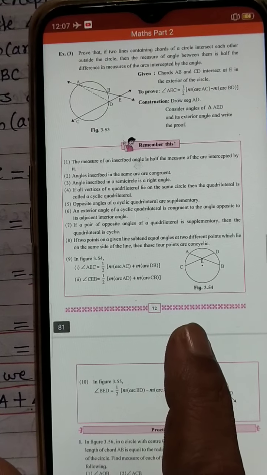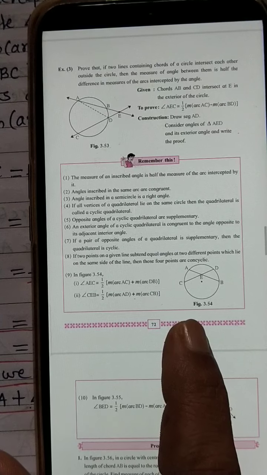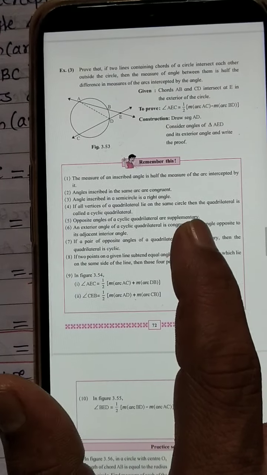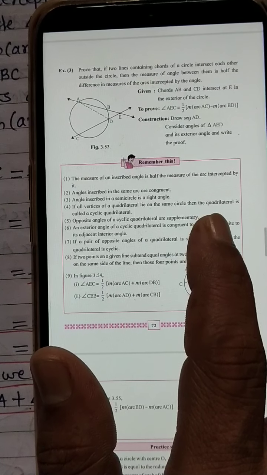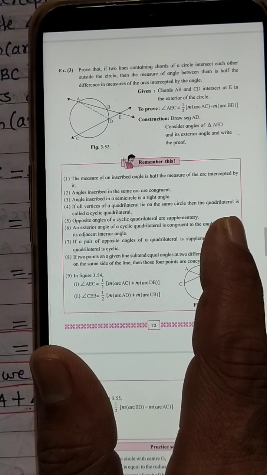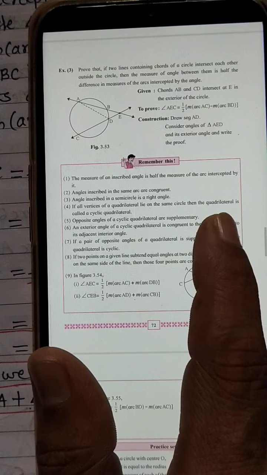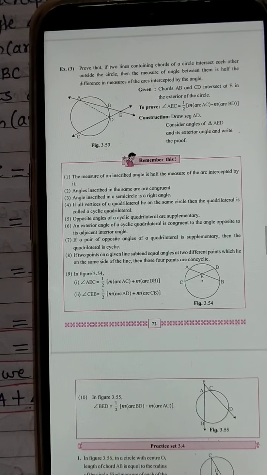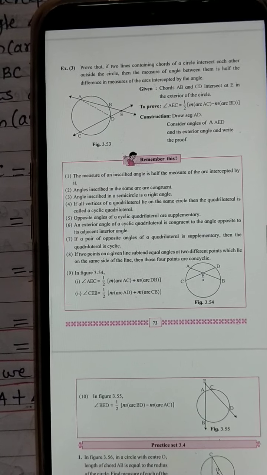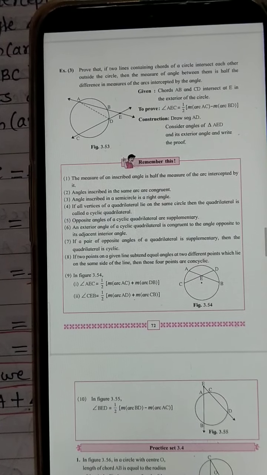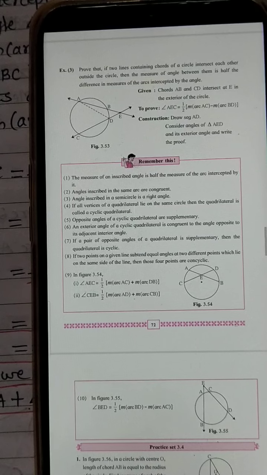Then if all vertices of a quadrilateral lie on the same circle, then the quadrilateral is called a cyclic quadrilateral. Number 5, opposite angles of a cyclic quadrilateral are supplementary.